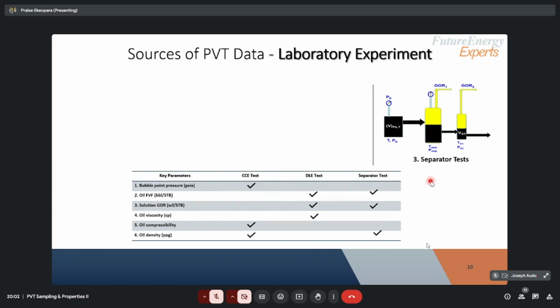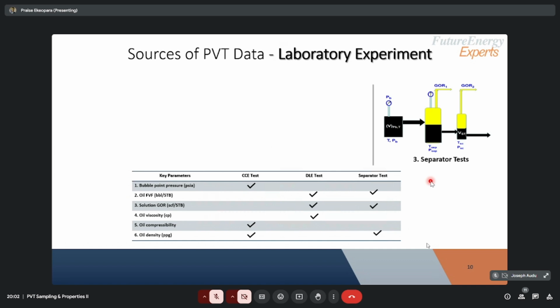Okay, so we need to determine our optimum separator conditions so that when we are doing our field development planning in a more robust sense, we have a good setup and a good recommendation for our separator conditions, which will be very fit for the crude oil sample we are producing.